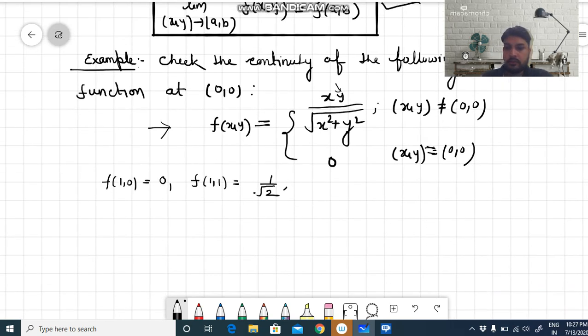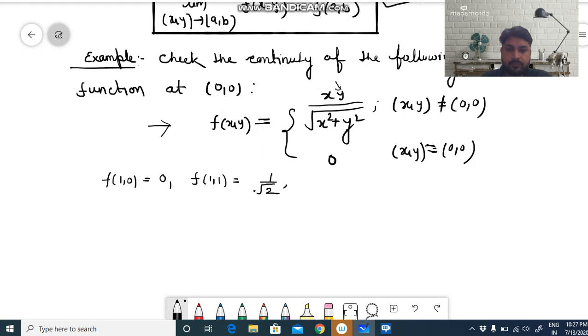So now we will check its continuity. Solution.